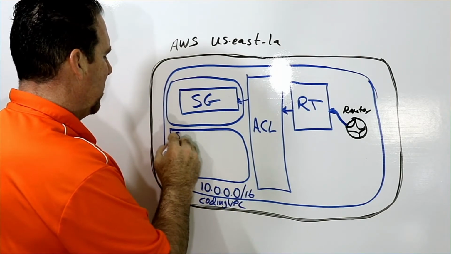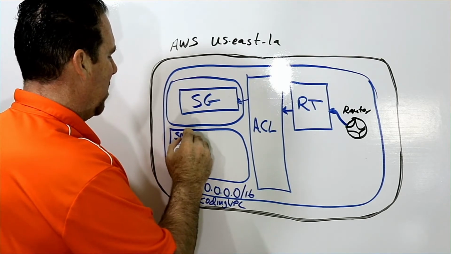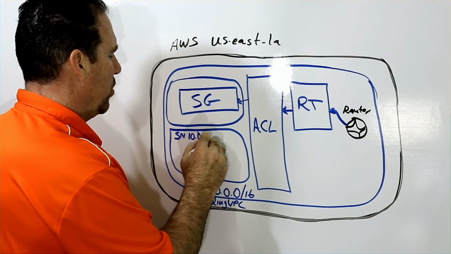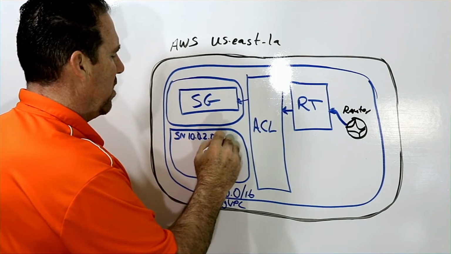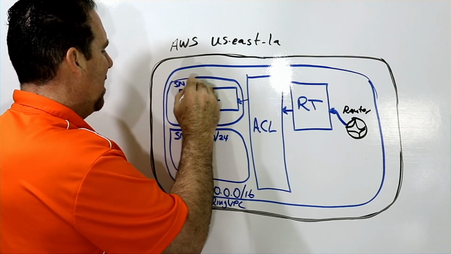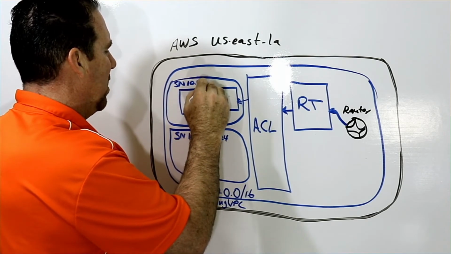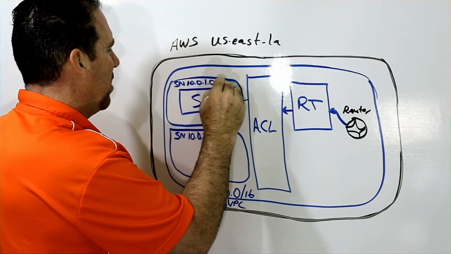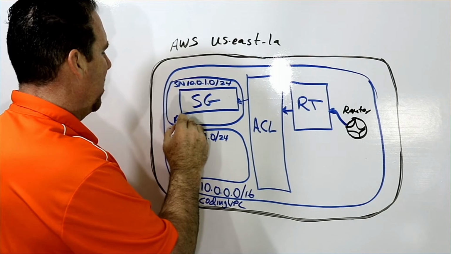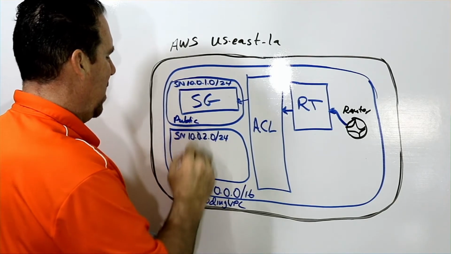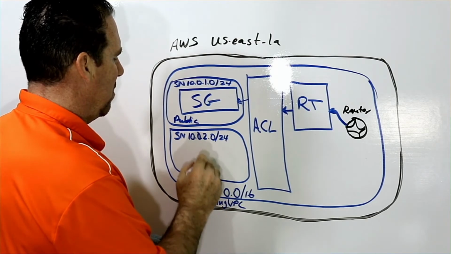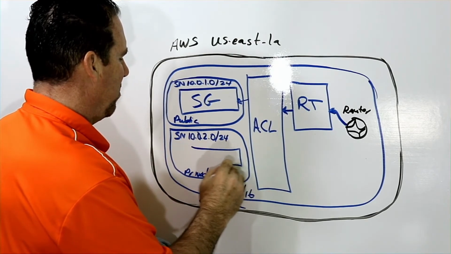I could just say subnet 10.0.2.0/24, and another subnet 10.0.1.0/24. This one is going to be public, and this one's going to be private. And there will be a security group in both of them.